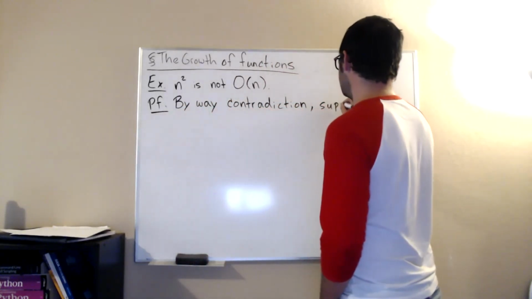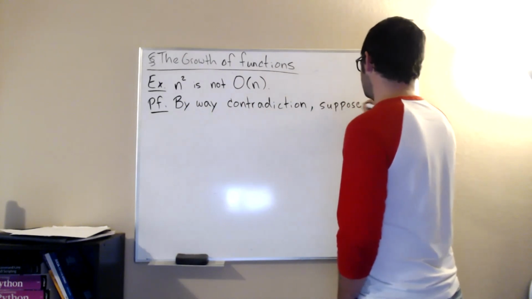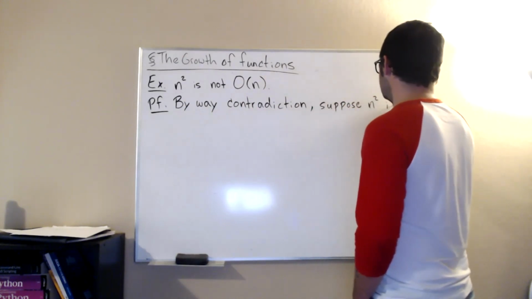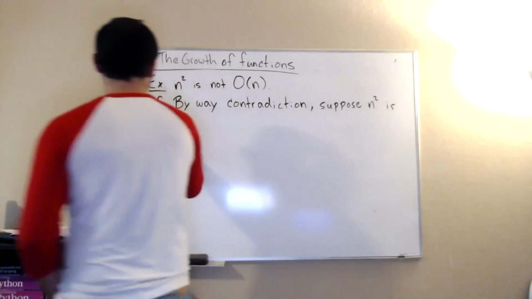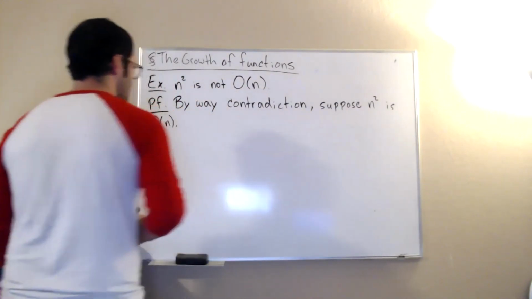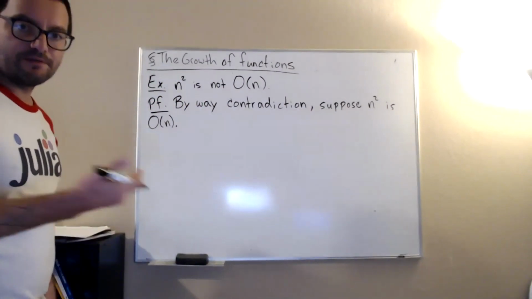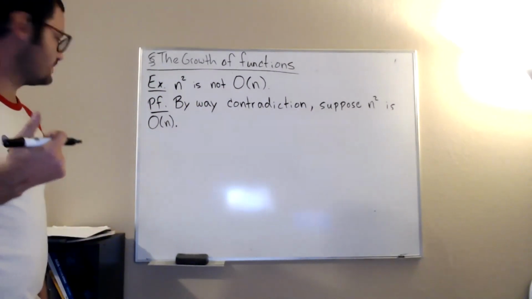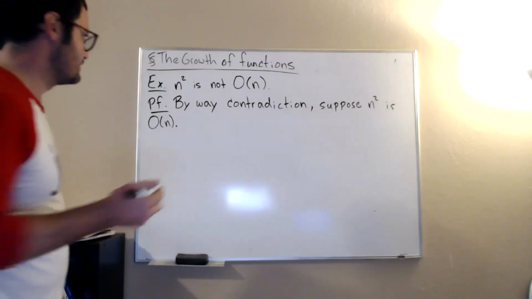Suppose it is, right? So suppose n squared is big O of n. So if it is big O of n, then there exist those witnesses, right?